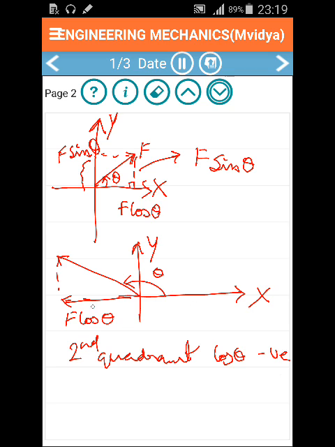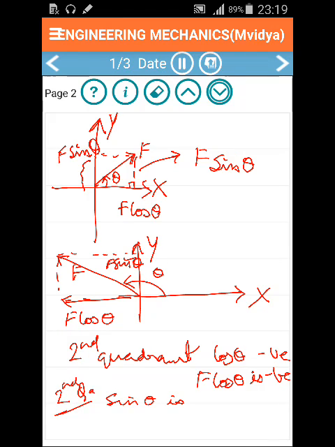So I'll get my projection along the negative x-axis, so my f cos theta is also negative. My projection on the y-axis is going to be f sine theta. In the second quadrant, sine theta is positive. So it is my f sine theta.